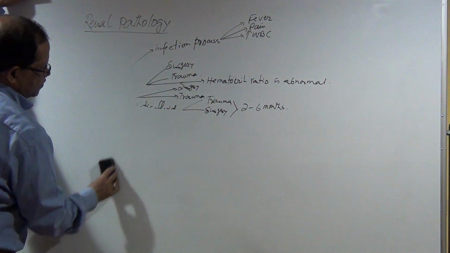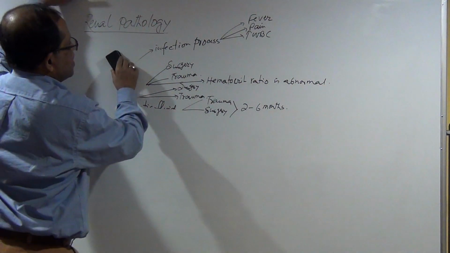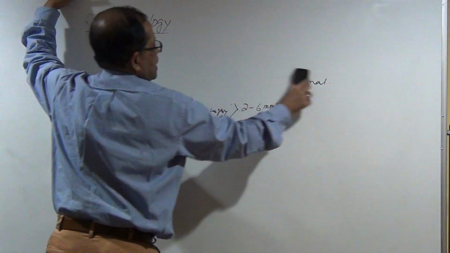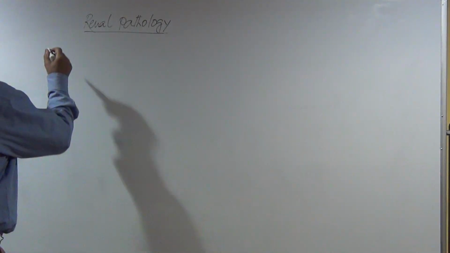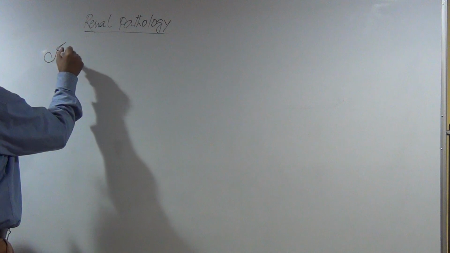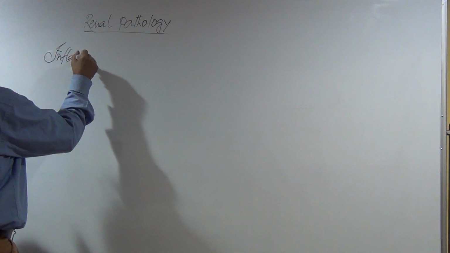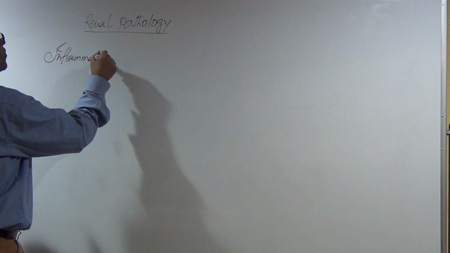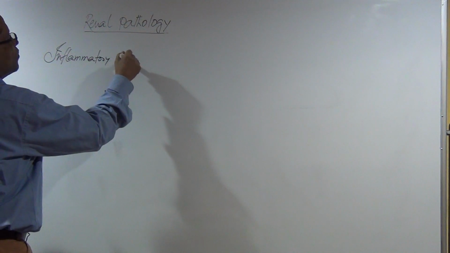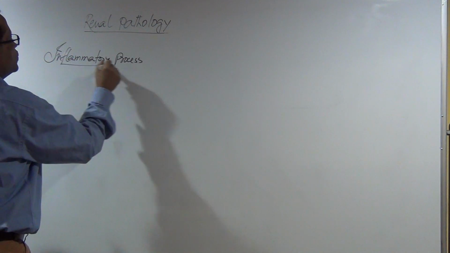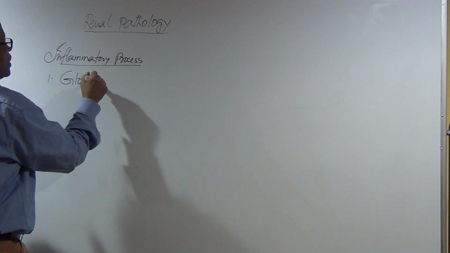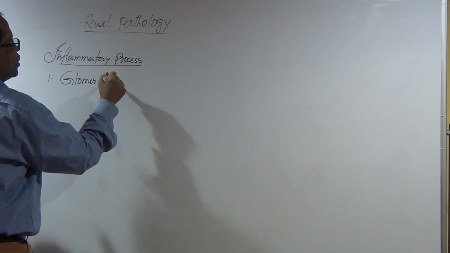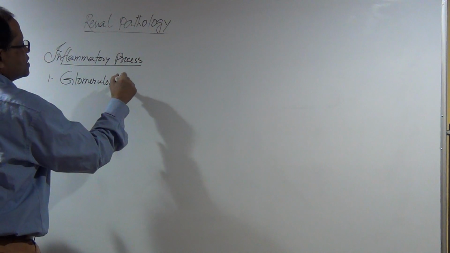Inflammatory process. In the inflammatory process of the kidney, there are two disease conditions: glomerulonephritis.